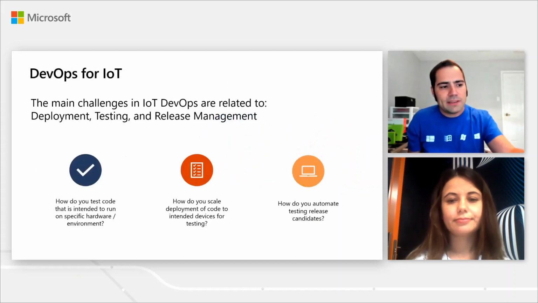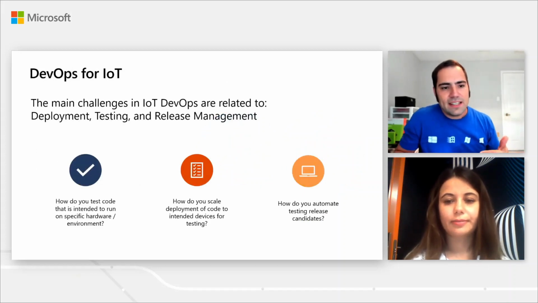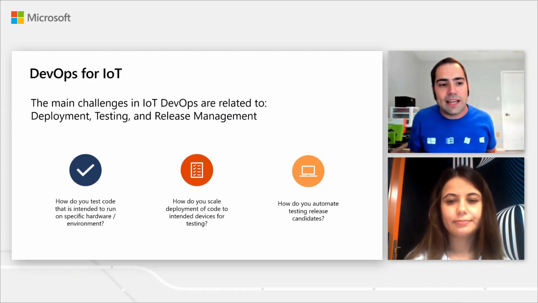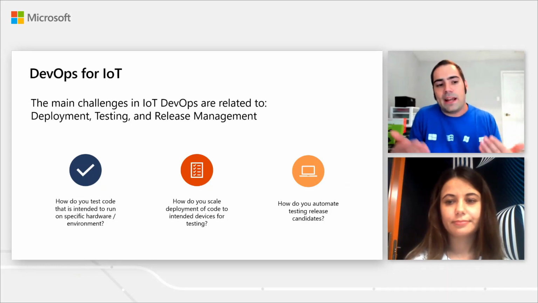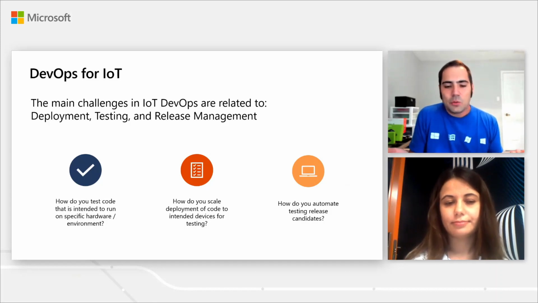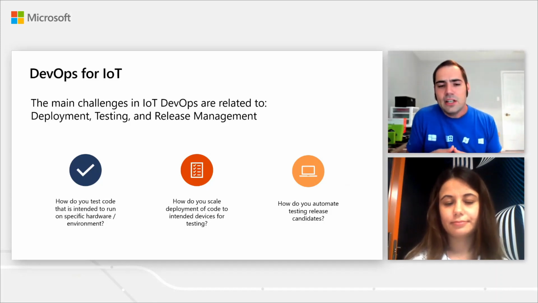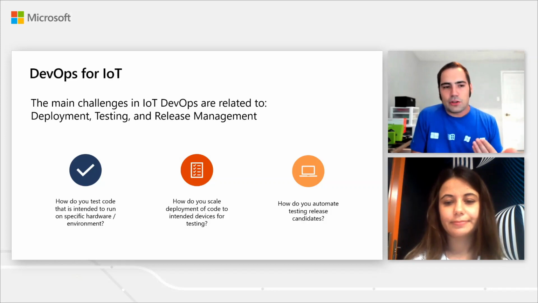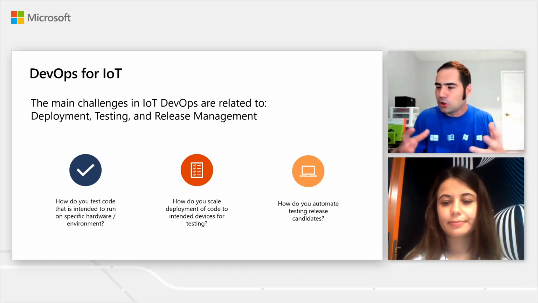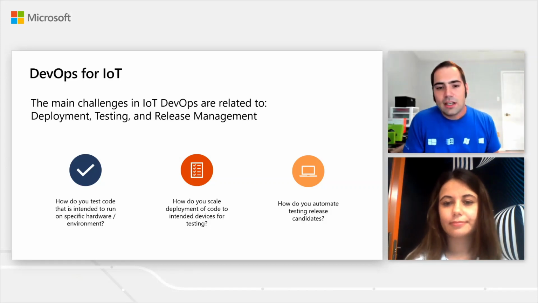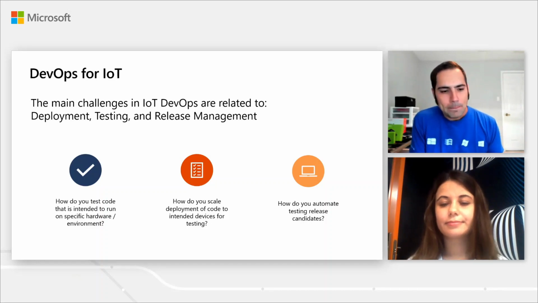Now, when we talk about these two concepts together, and you look at what happens when you combine DevOps with IoT, it's not always immediately apparent what the challenges are with that or what the benefits are that this brings, because we're dealing with real devices, and how do you scale that out? So Ayse, do you have any additional thoughts here on what happens when we actually merge these two fields together, and what does that look like?